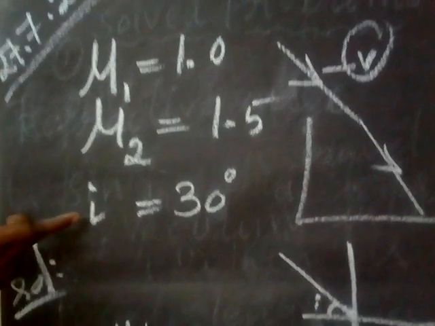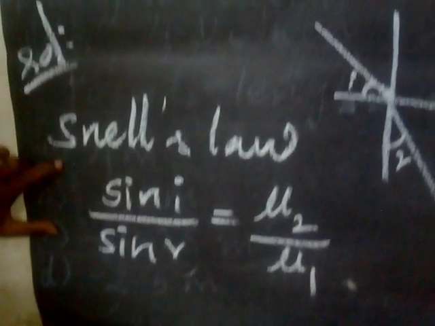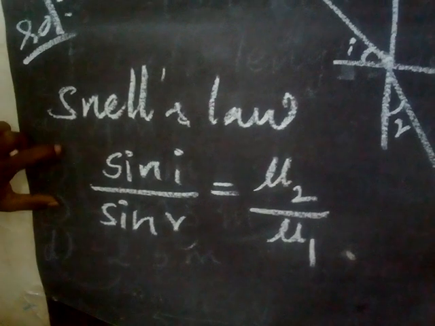This is Snell's law. We already have the mu1 value, mu2 value and I. Then we have to find R, the angle of refraction.